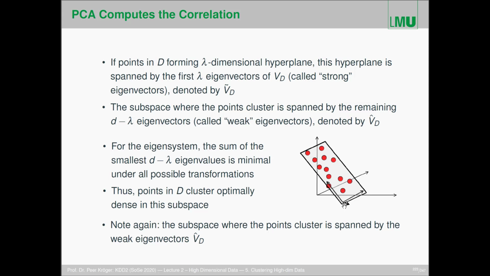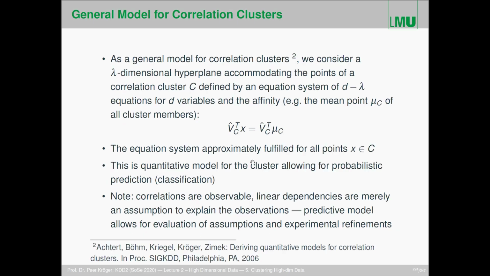So 3 minus 2 is one eigenvector, which spans the interesting subspace, and there the points are optimally dense, have an optimally small variance. Yeah? Okay, so the subspace where the points cluster is spanned by the weak eigenvector. That's what I told you before.